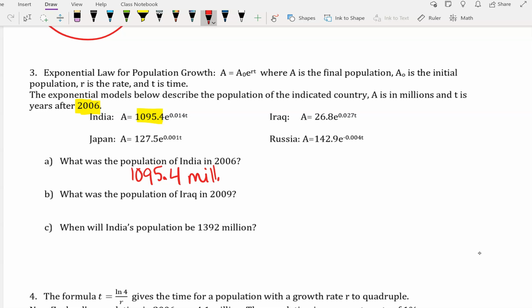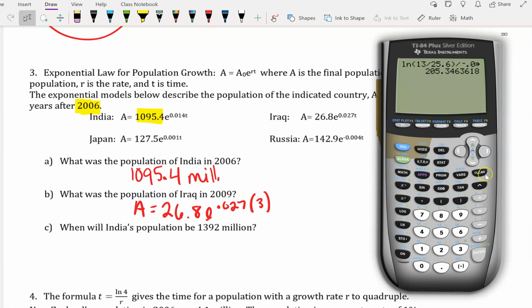For Iraq in 2009, that's going to be 3 years later. So we're going to have to plug in 3 for T. So for Iraq, it's 26.8 e to the 0.027 times 3 years later. So this one, I don't need logs to find.